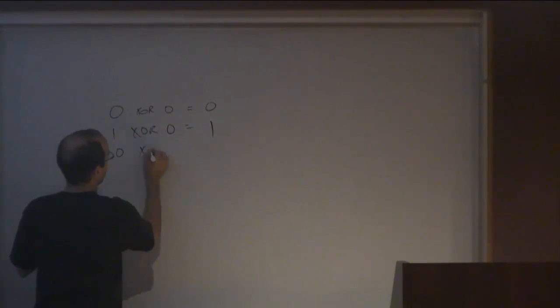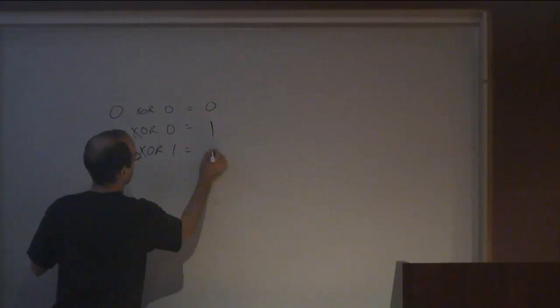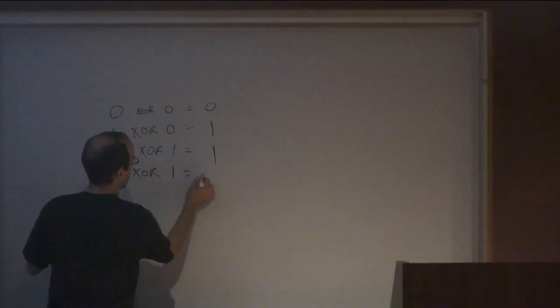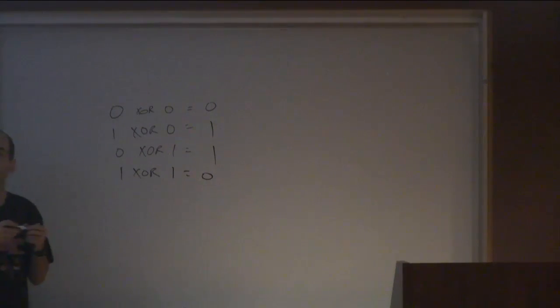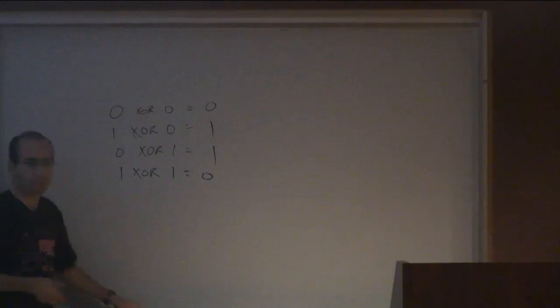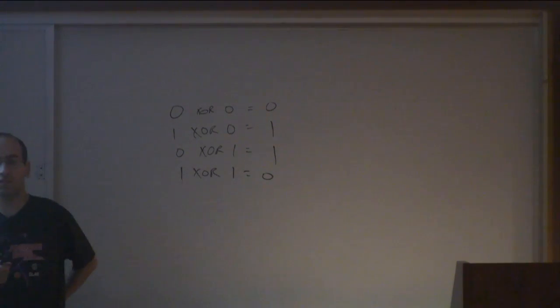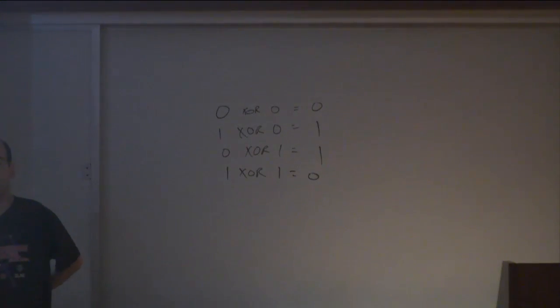It's just a function that's defined to be this way. And 1 XOR 1 equals 0. It's like addition without carrying, basically. So if you did that, you don't have to worry about carrying. You could just XOR the numbers digit by digit. But with addition, you do have to worry about the carrying, right?